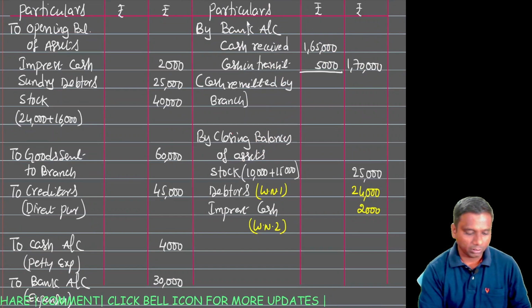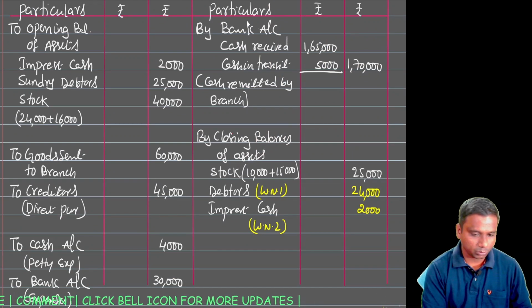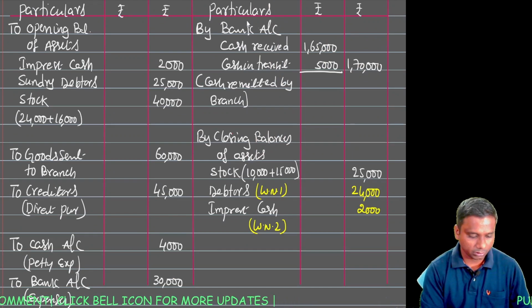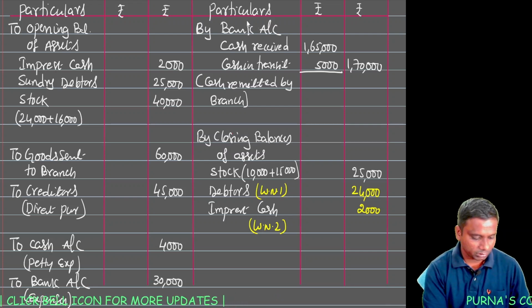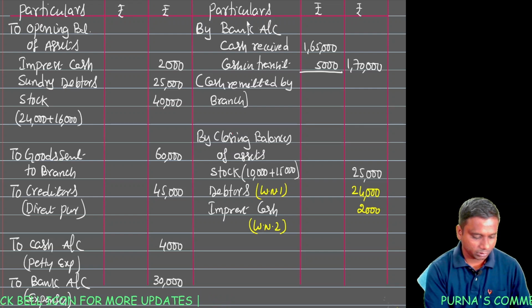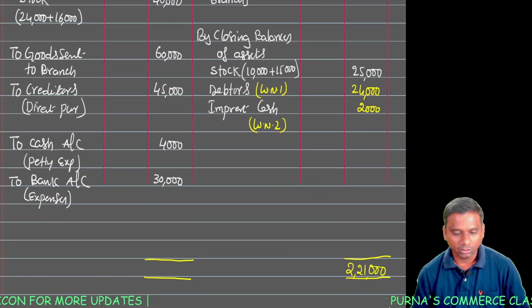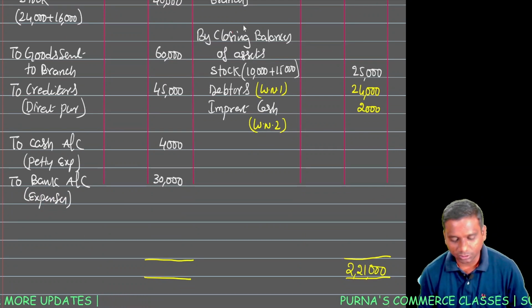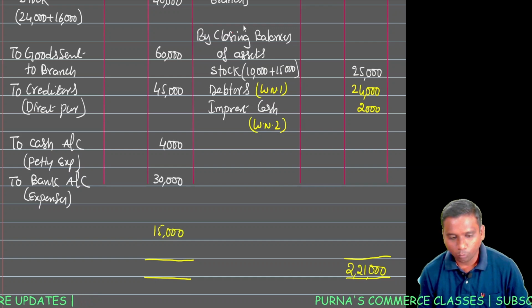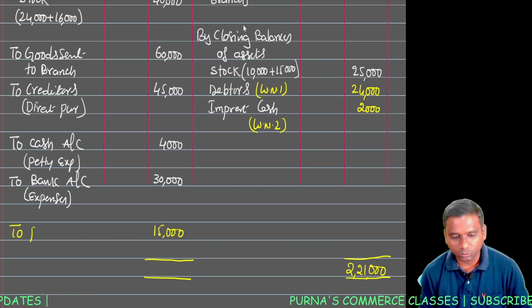Now debit side total: 2,000, 25,000, 40,000, 60,000, 45,000, 4,000, 30,000, 2,06,000. 2,06,000 minus 2,21,000, 15,000. So credit side is more by 15,000.